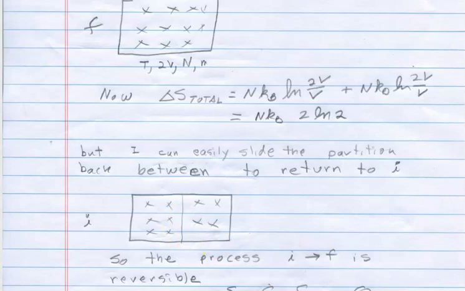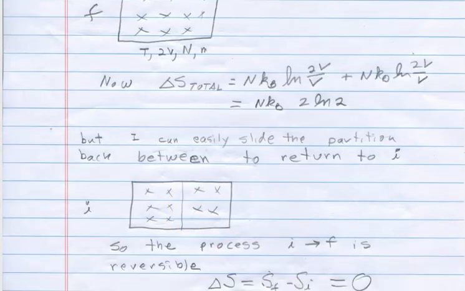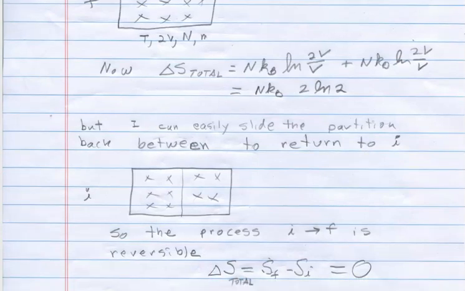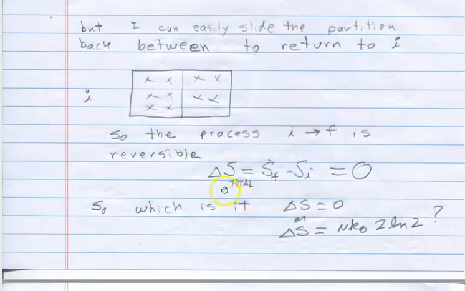So it's now a reversible process for identical molecules. And I know for reversible processes, the change in entropy has got to be 0. So in this case, at this constant temperature, the entropy goes back to the original entropy, and the change of entropy is just 0.